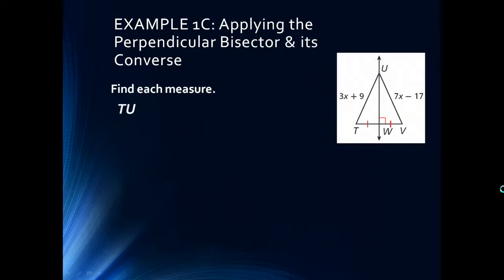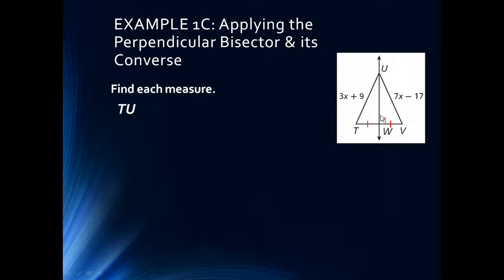This time we want to find the measure of TU. We have TV intersected by UW, and it is perpendicular, and TW and VW are equal.